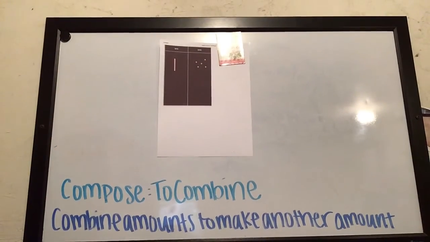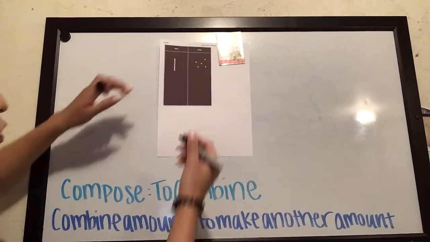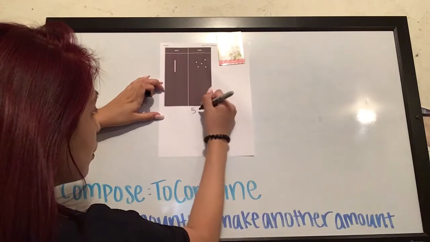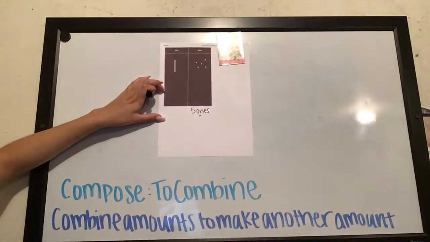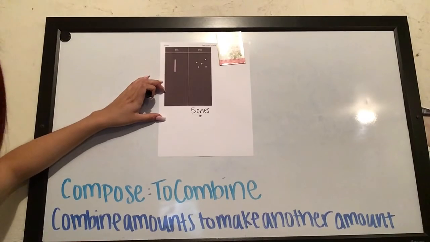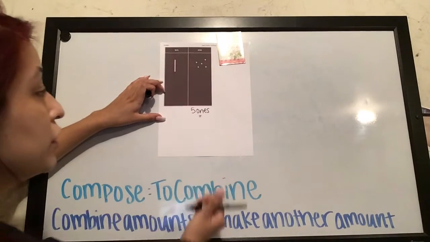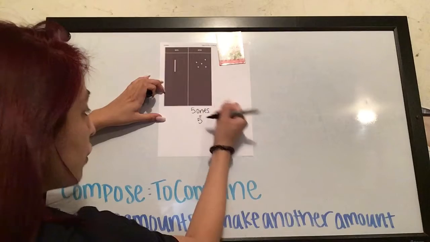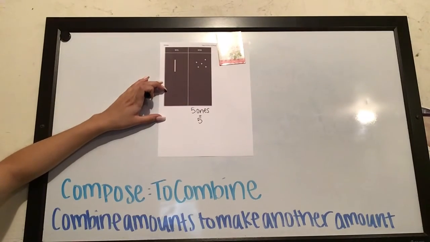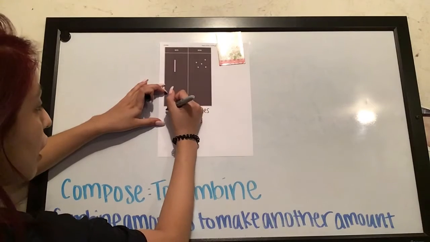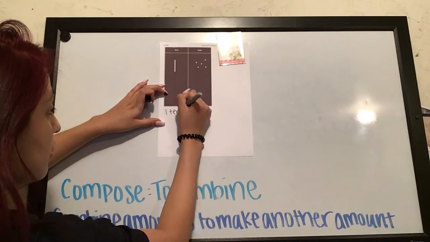So how many ones do we have? We have 5 ones. And 5 ones equals what total number? How many ones do we have in total? We only have 5, right? Each one is a unit. How many tens do we have? We have 1 ten.